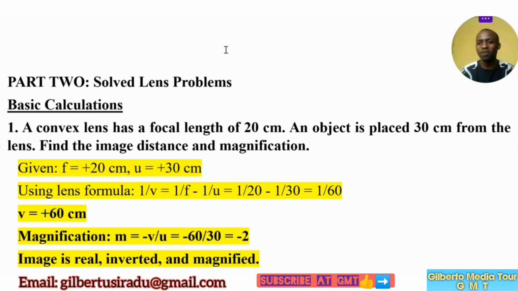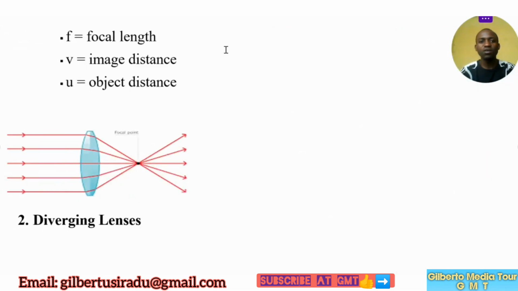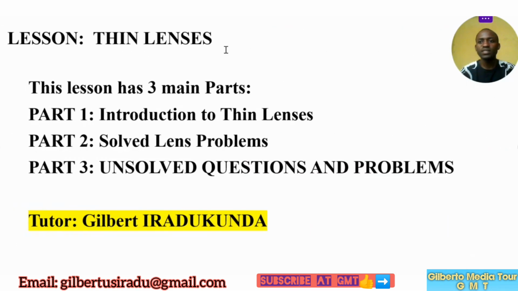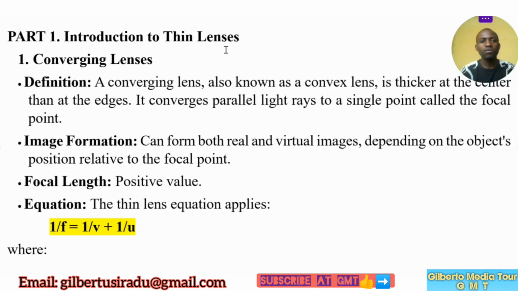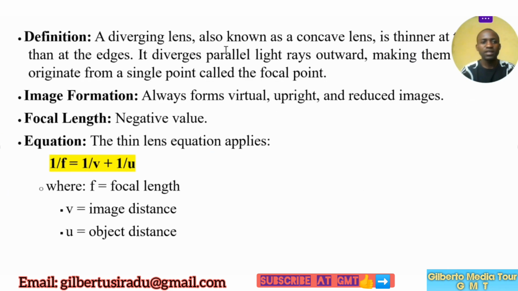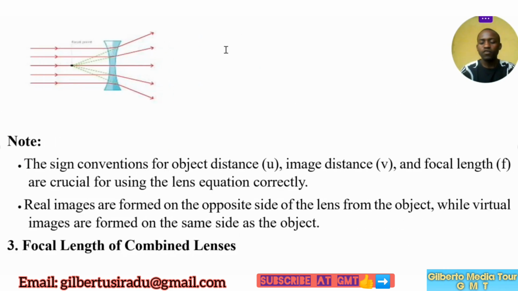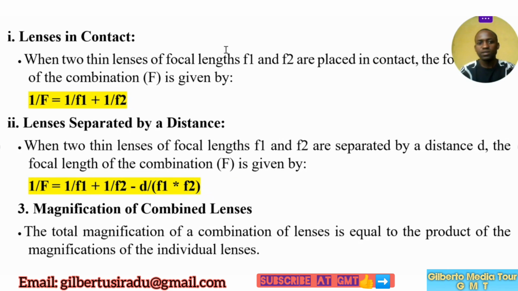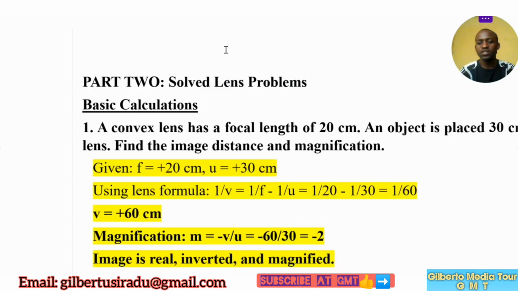The second part is to apply all the information obtained here from the converging lens, also the diverging lens, the focal length, and even the magnification.